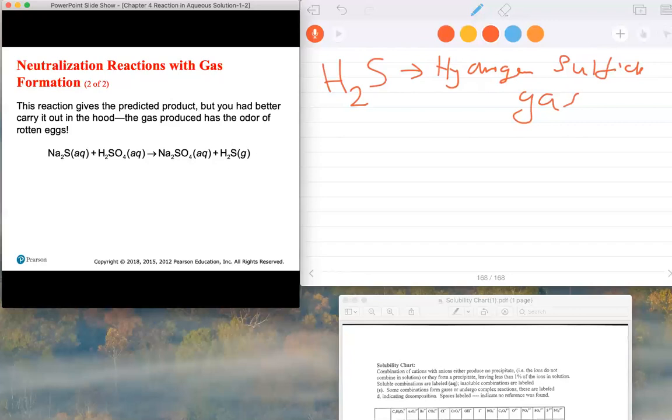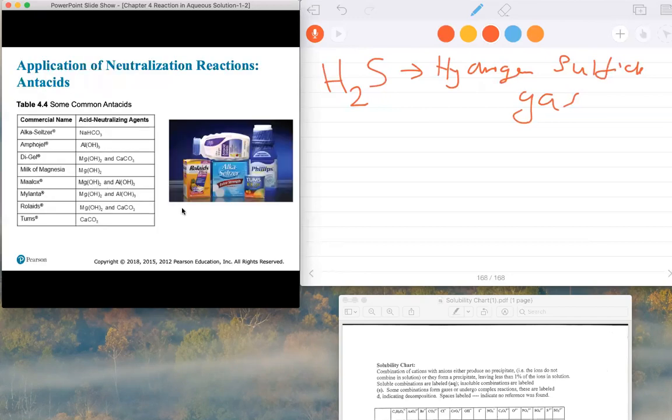So when you read on page 134, understand what gases are produced when an acid reacts with a base. Here are examples of reagents, bases which produce CO2. We are all familiar with these antacids. When you have indigestion, people do take antacids, and the purpose is to neutralize an acid.